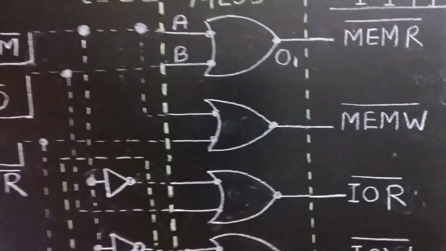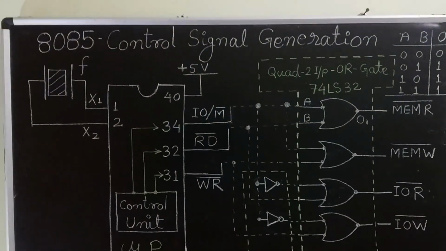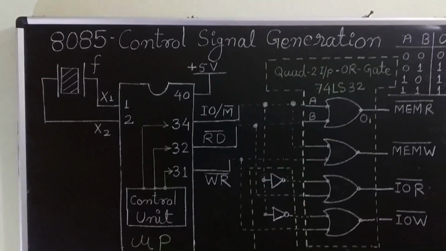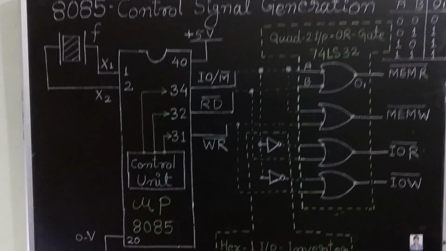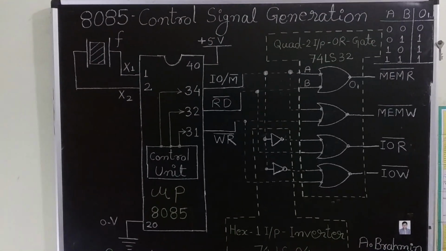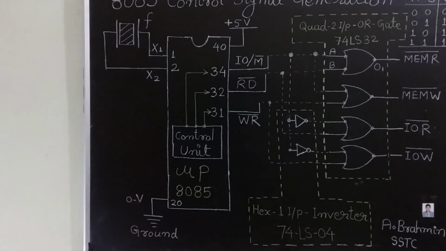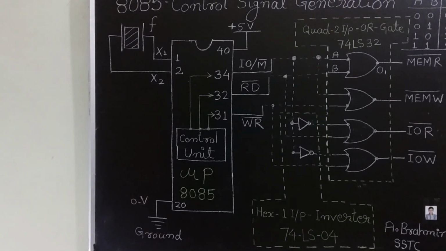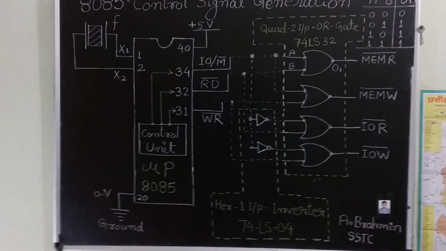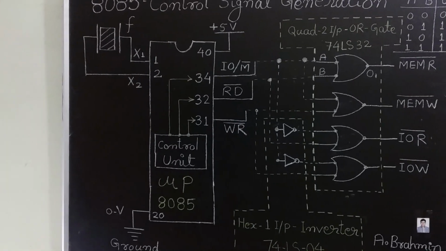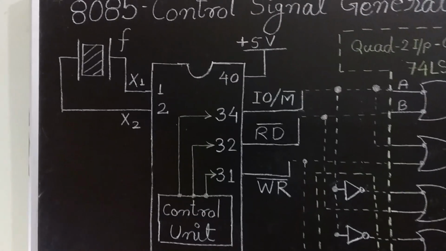And today we will understand the generation of control signals in the 8085 microprocessor. For understanding the generation, we have to understand how these different signals are generated in the microprocessor 8085. Earlier we have already studied the pin diagram of the 8085.